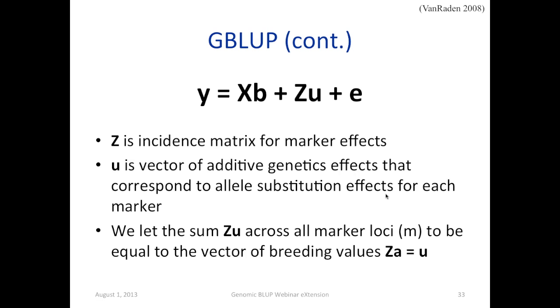So for each marker, we get a coefficient, and that coefficient represents the allelic substitution effect. Then we take the sum of all those coefficients across all the marker loci and calculate the breeding values.